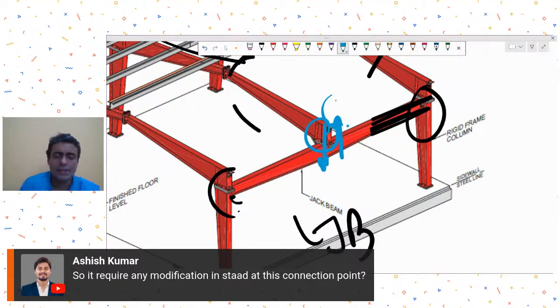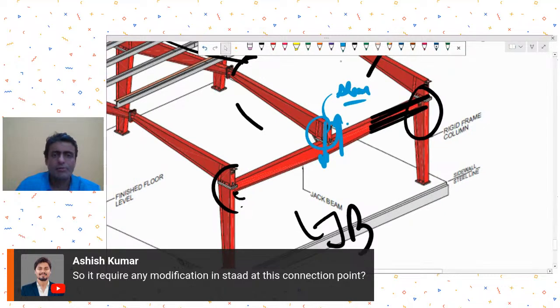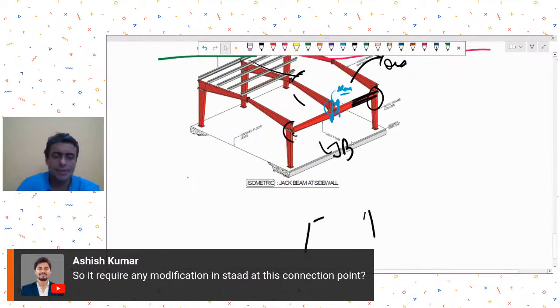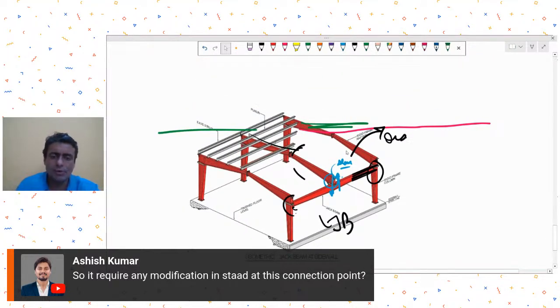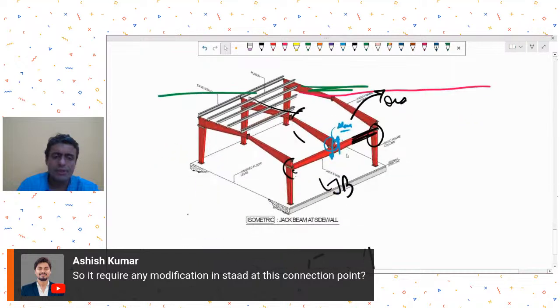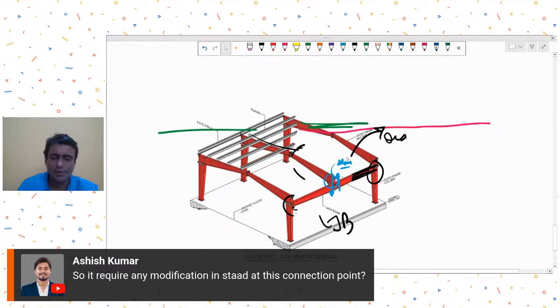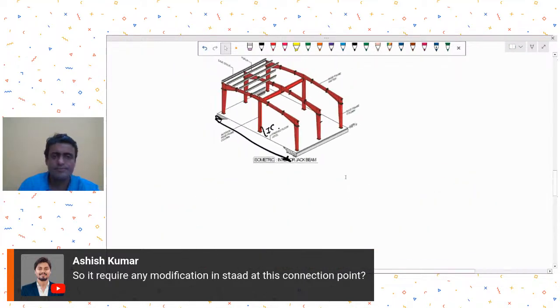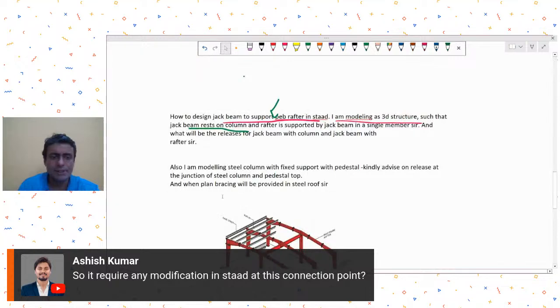So this again will go for a shear-like connection where the moments do not get transferred, because if moments get transferred to the jack beam, it will create torsion in the jack beam, which we don't want, or for which our jack beam cross section is not suitable enough. So we don't want torsion to be generated. That's why we will go for a shear connection. So I hope this answers.